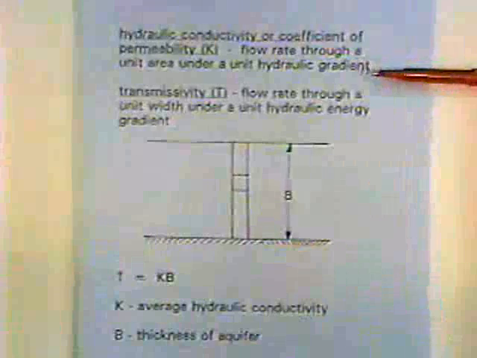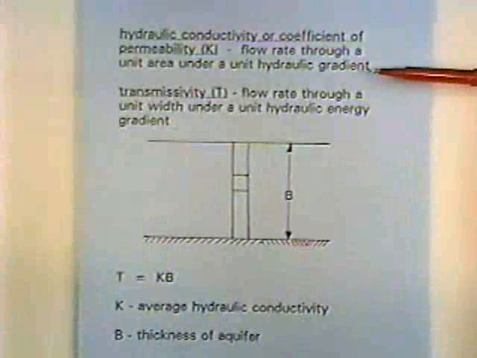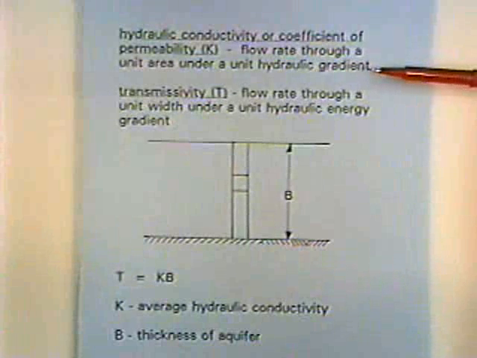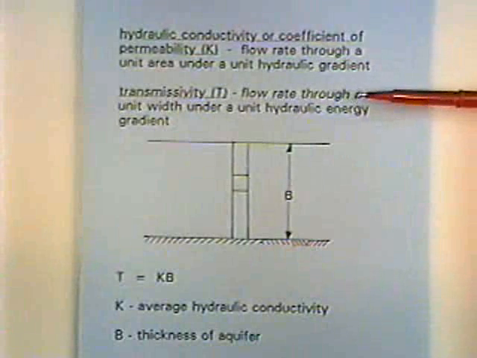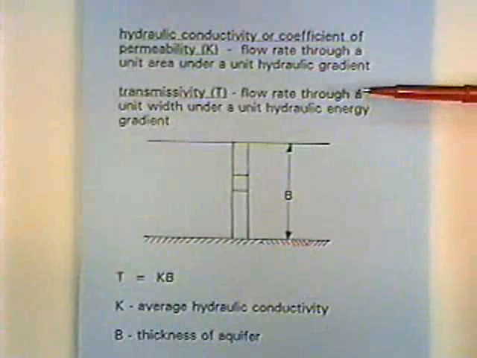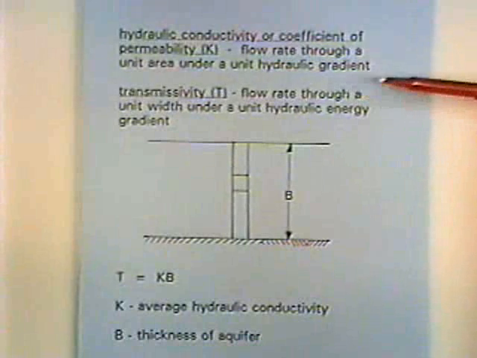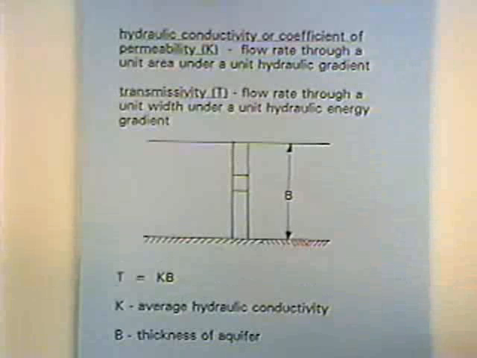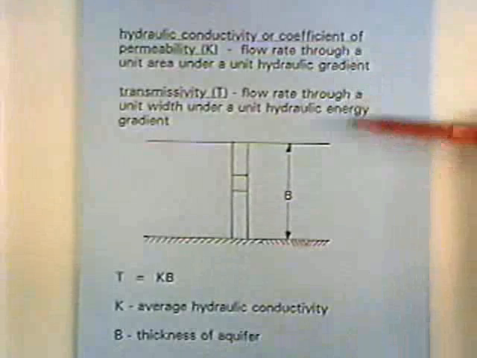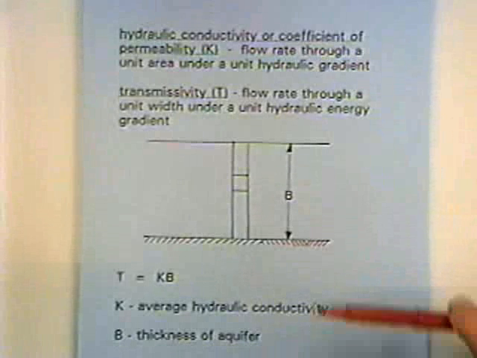That's the flow rate through a unit area under a unit hydraulic gradient. And another way of expressing the same concept is transmissivity, and instead of being a flow rate through a unit area, transmissivity is a flow rate through a unit width under the same unit energy gradient, or hydraulic gradient. Energy gradient and hydraulic gradient mean the same thing.